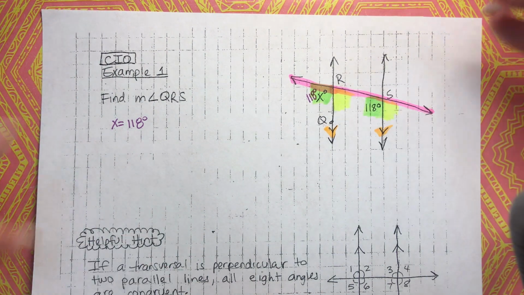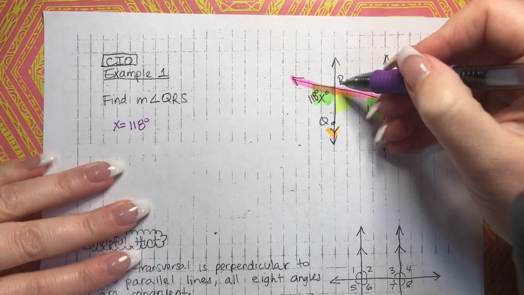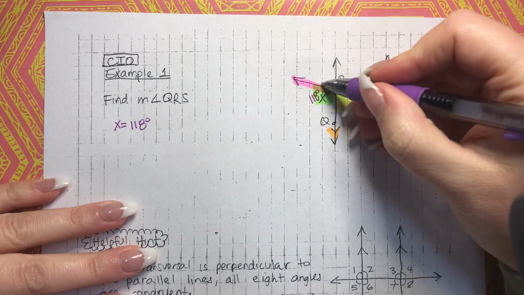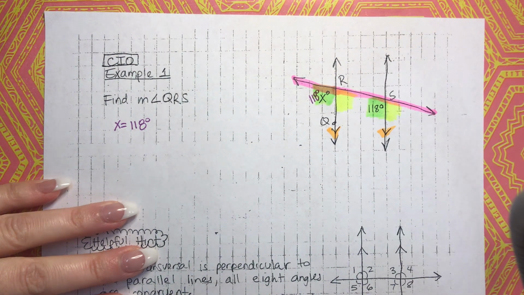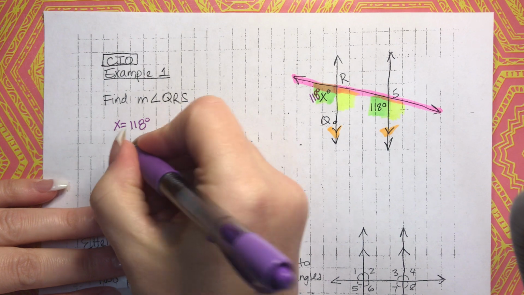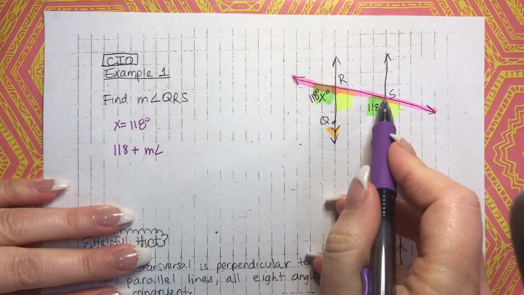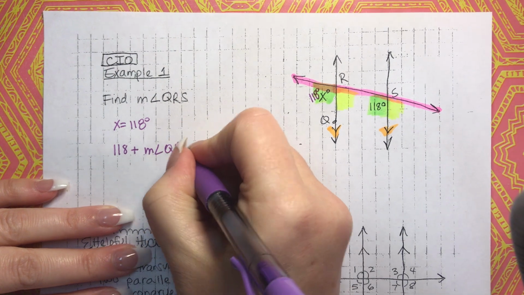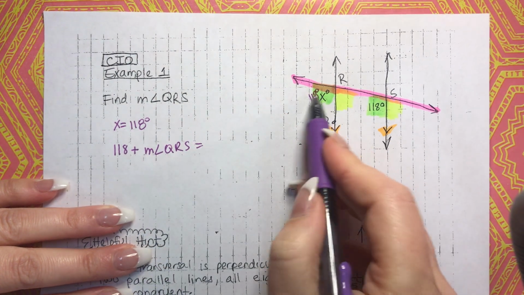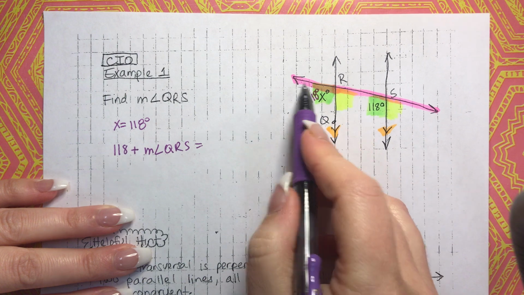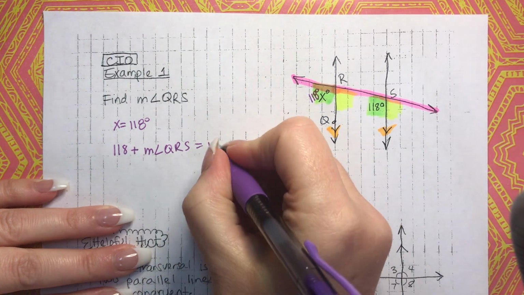Since I don't have symbols, I'm just going to use this 118 and say 118 plus the measure of angle QRS is equal to 180 degrees. They're a linear pair, they're supplementary, so it's 180 degrees.